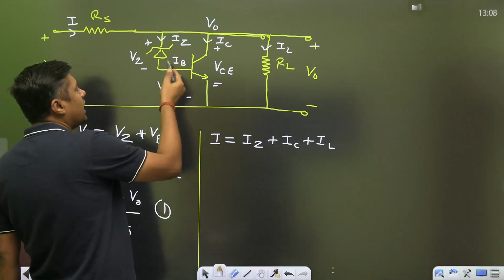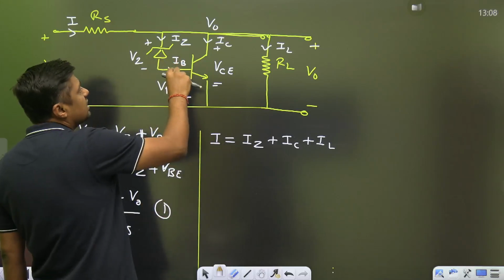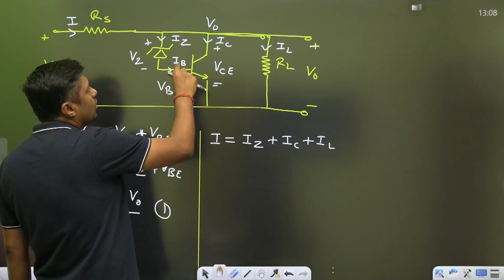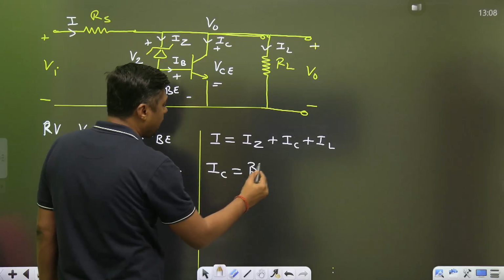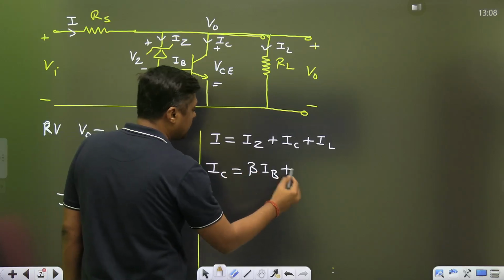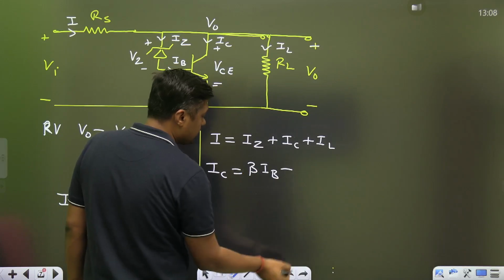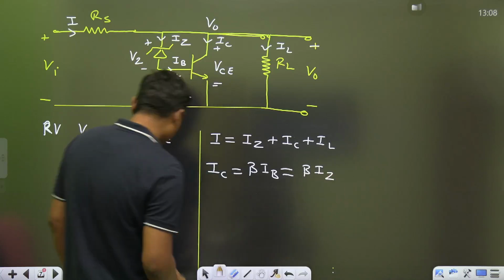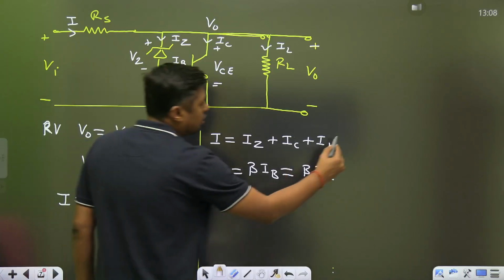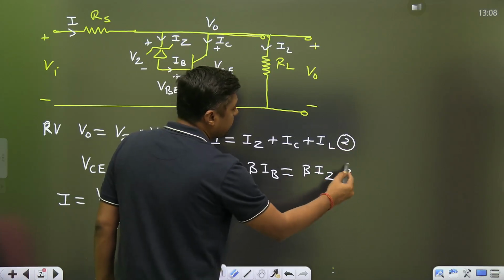IZ is nothing but IB, and that's why IC is equal to beta times IB, or you can write beta times IZ. So that is equation number 1, this is equation number 2, that is equation number 3.